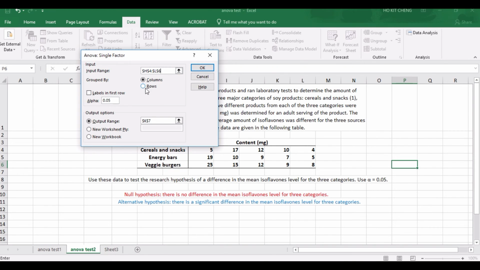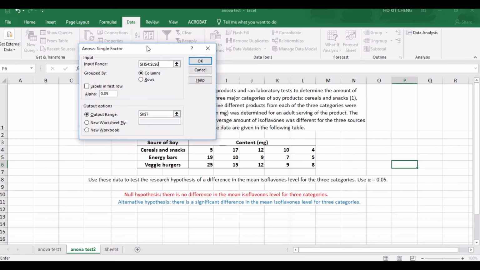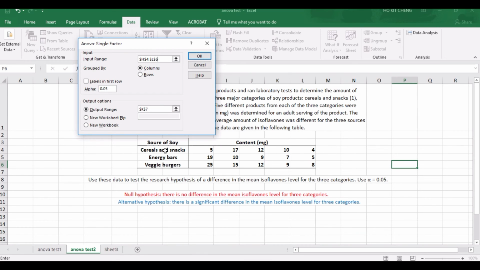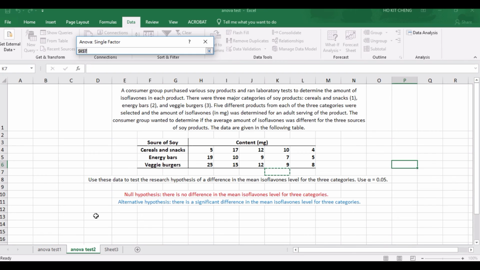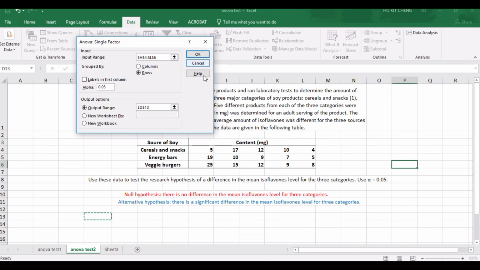Now we know that our data is represented by rows, so we choose rows, and for alpha we need to use alpha equal to 0.05. And take the output range, and I choose something like that.